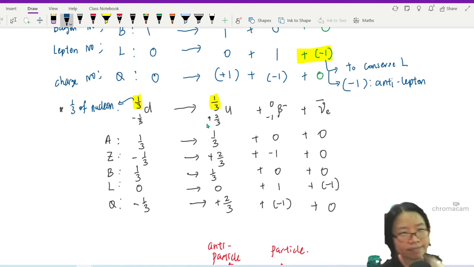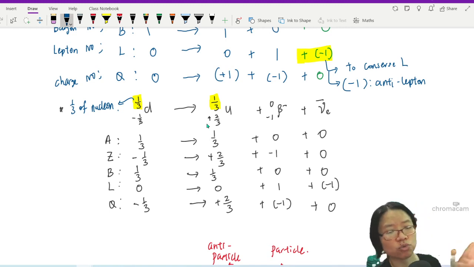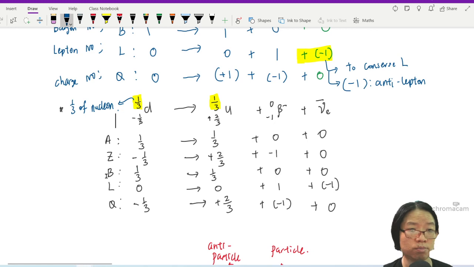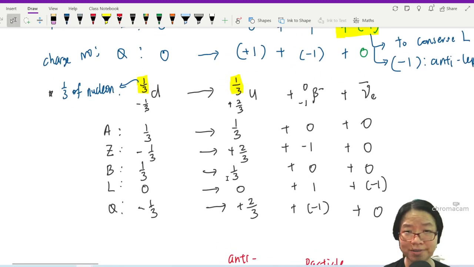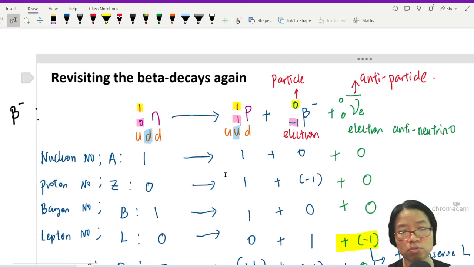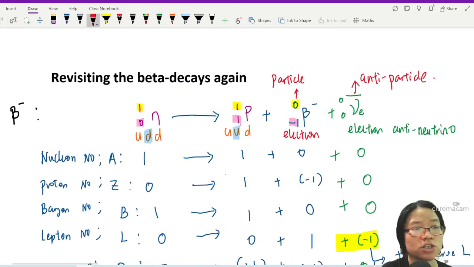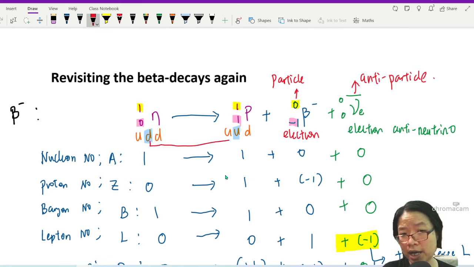And then the negative 1/3 is to correspond to the charge. Proton number corresponds to charge also, right? All right. So actually what you really need to know that they tend to ask is not so much to write the equation and show the balance, although they can ask you that, but you should just understand that this one is down to up.